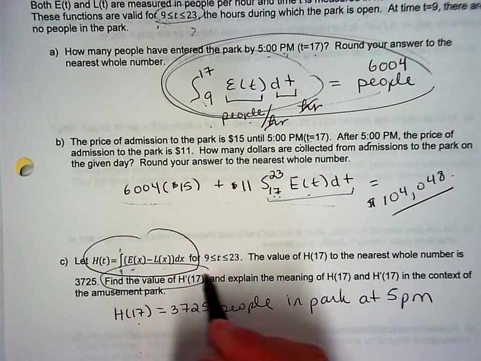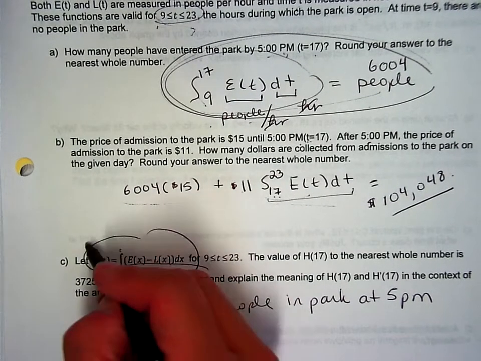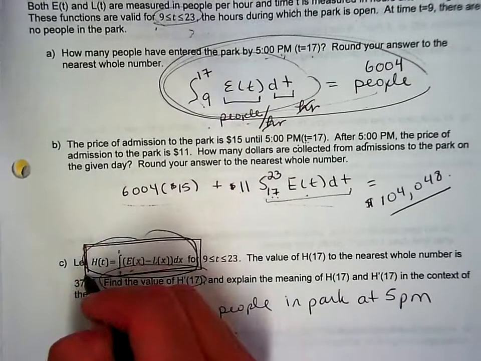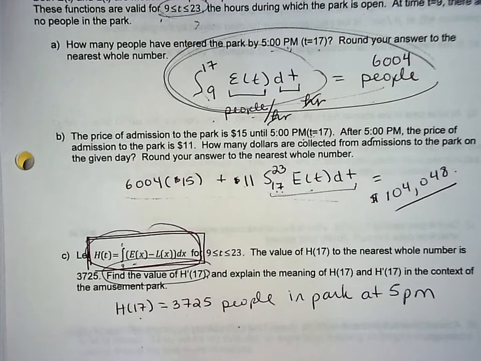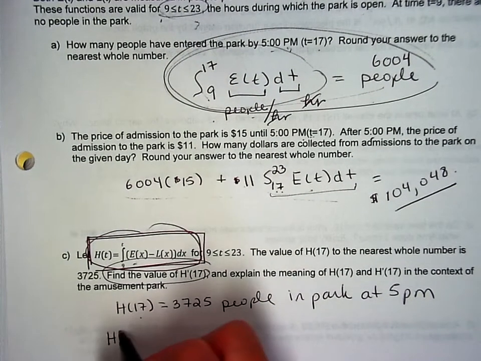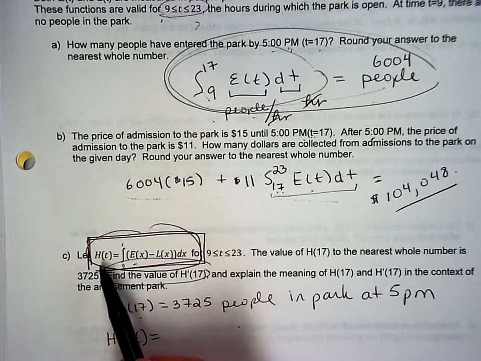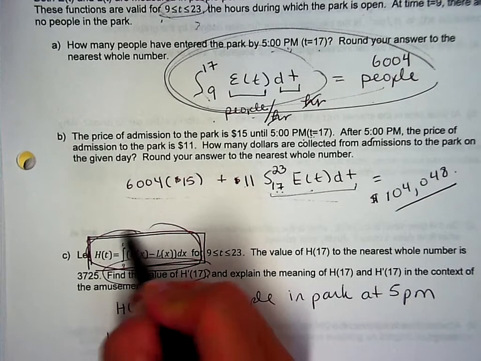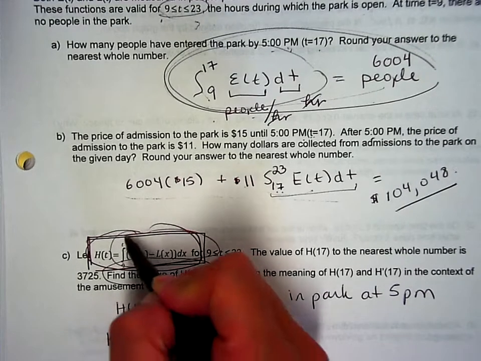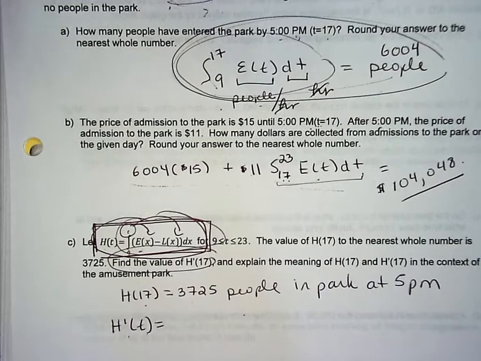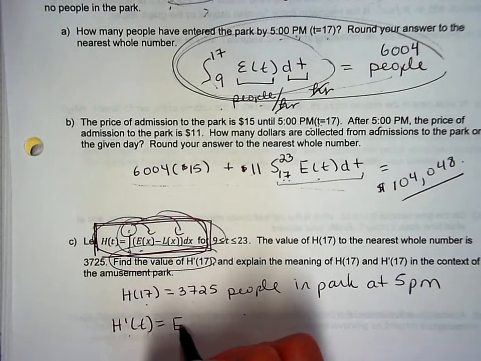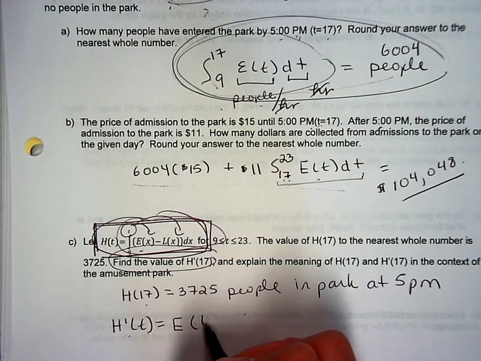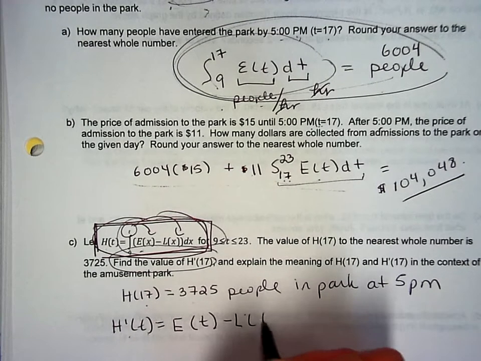Now we need to find h prime of 17. So think back to our second fundamental theorem. Before you plug in the number, go ahead and take the general derivative. If I take the derivative of h of t, I get h prime of t. What do we do when we take the derivative of an antiderivative? We're going to just plug this t in for x. So h prime of t is really the same as E of t minus L of t.